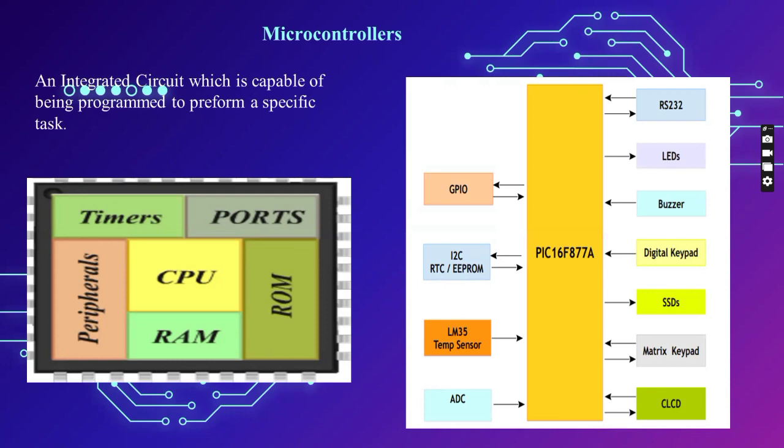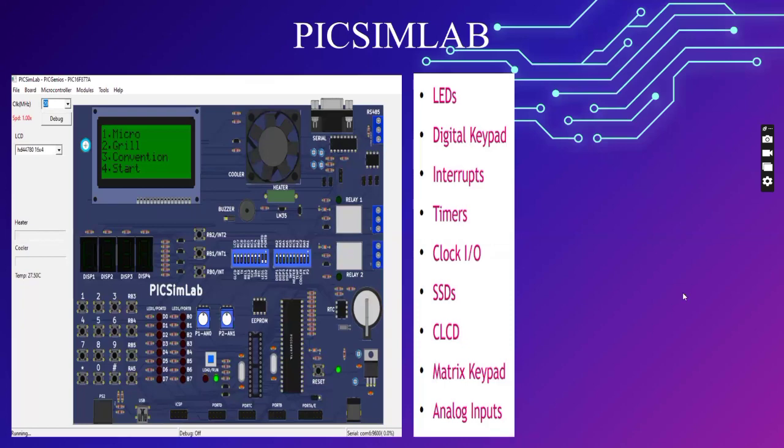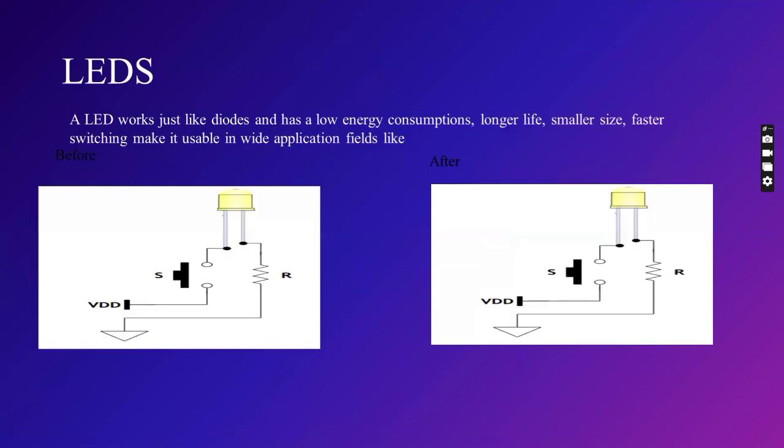PIC 16F877A is our microcontroller, and we have these peripherals: CLCD, the matrix keypad, the SSDs, the digital keypad, the buzzer, the LEDs, the RS232, the GPIO, the I2C, the EEPROM, the RTC, and the LM35 temperature sensor. So the PIC SimLab is what we are going to use in the simulation of our projects.